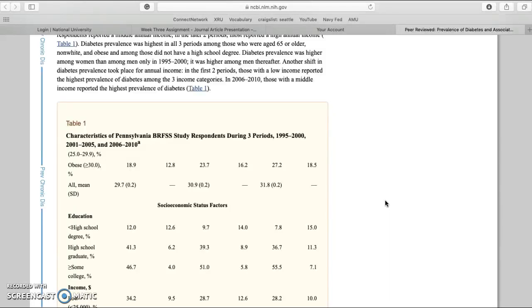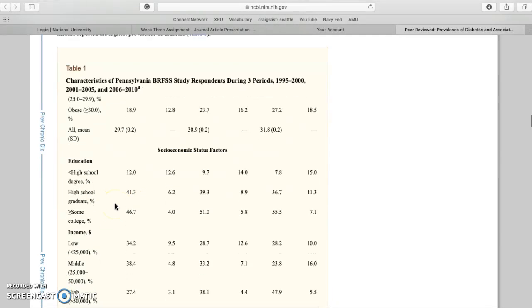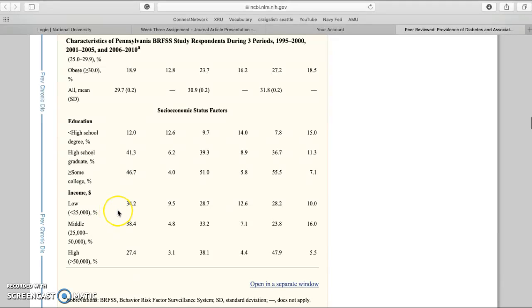The average BMI ranged from 29.7 to 31.8, and diabetes prevalence was highest in all three 5-year increments in ages 65 and older, non-white, and those obese, and among those who did not have a high school diploma, which you can see right here, and then obese, and then their high school degree. These are the ones that actually graduated. And then this is broken down by income.